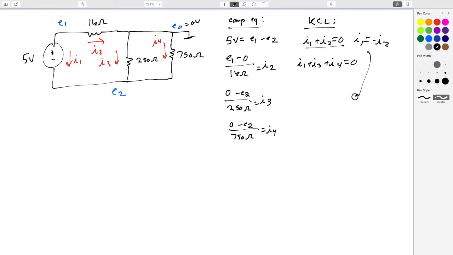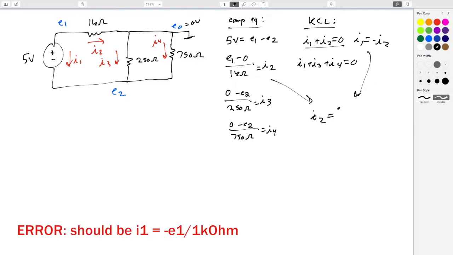So we could, taking this and this, say I2 equals negative E1 over 1 kilo ohm. Good. It's still kind of a bummer, right? Because we would like that. Oh yeah, but then we can use this one up here.